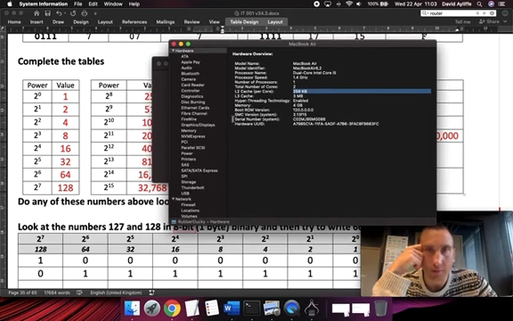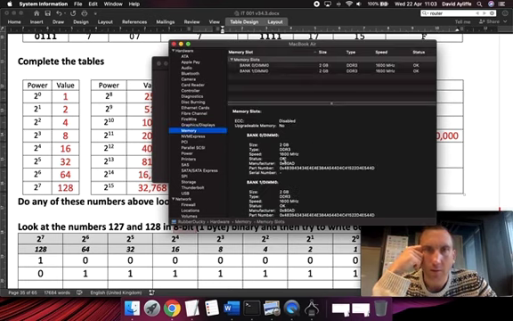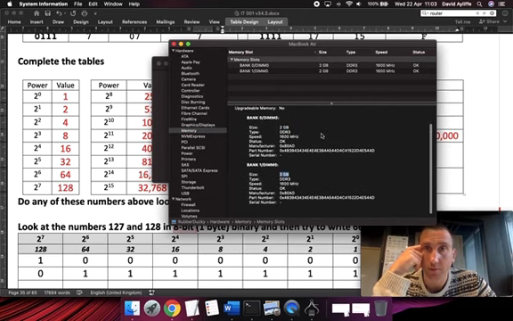Memory, 4 gigabytes. We've got 2 banks of memory, so each one is 2 gigabytes, making a total of 4 gigabytes.